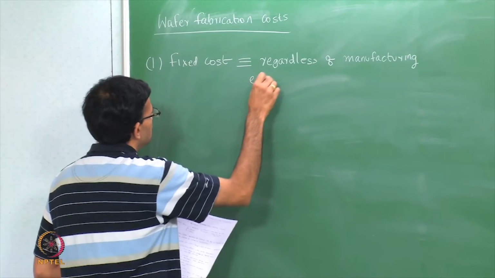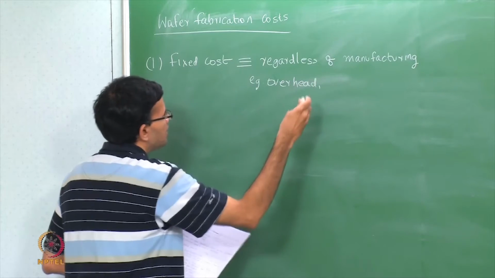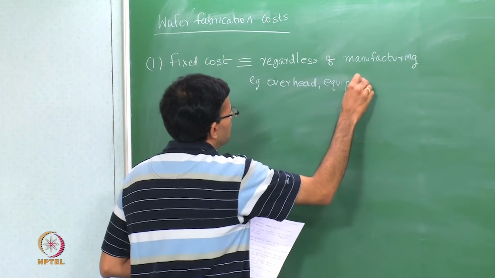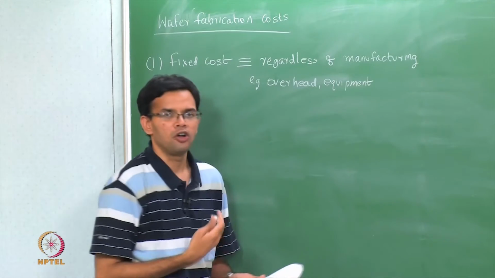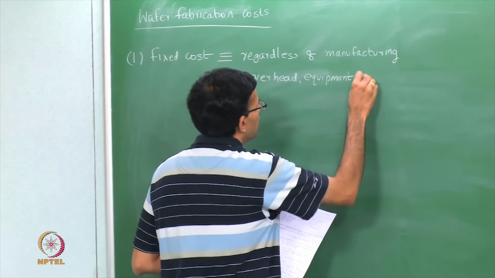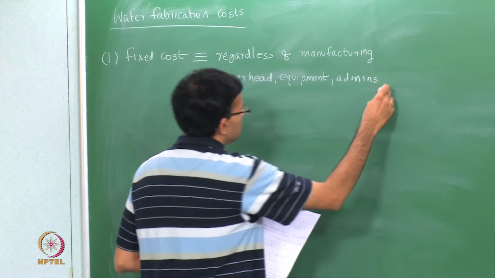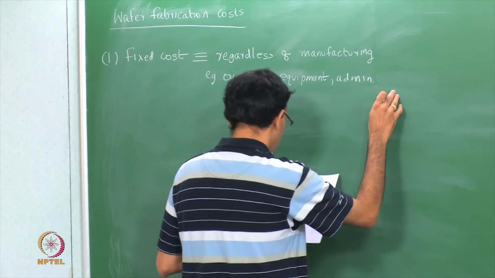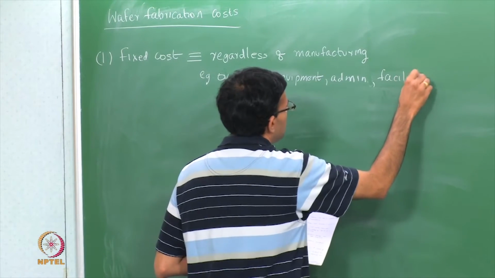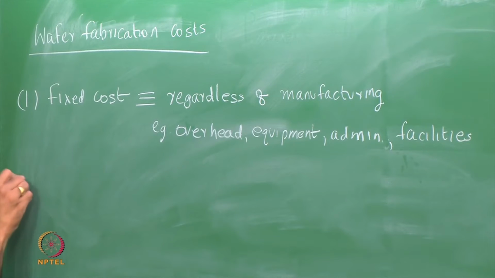Examples of fixed cost are overhead, any equipment that is purchased. So, whether the equipment is used or not, the purchasing cost will still be there. Administration, and then facilities, so building facilities and other things, all of these come into the fixed cost.